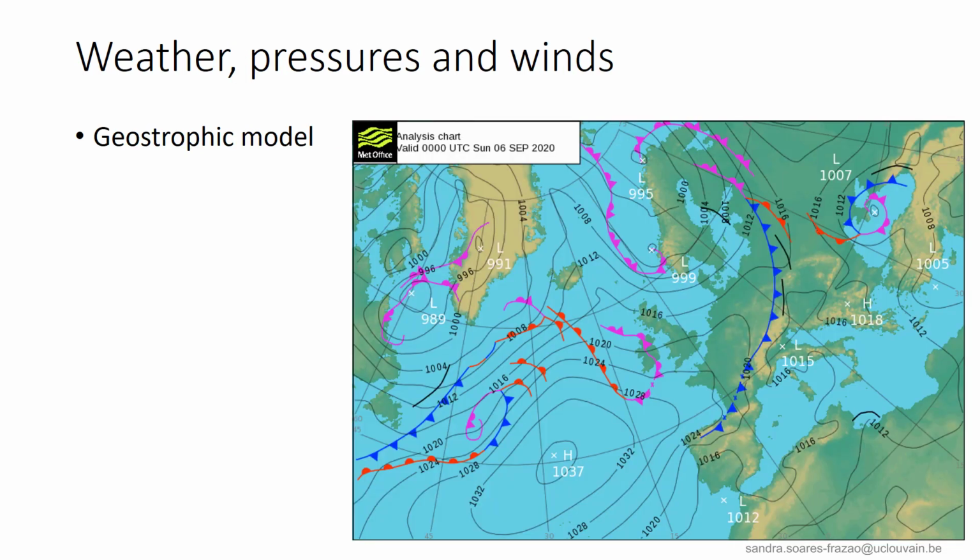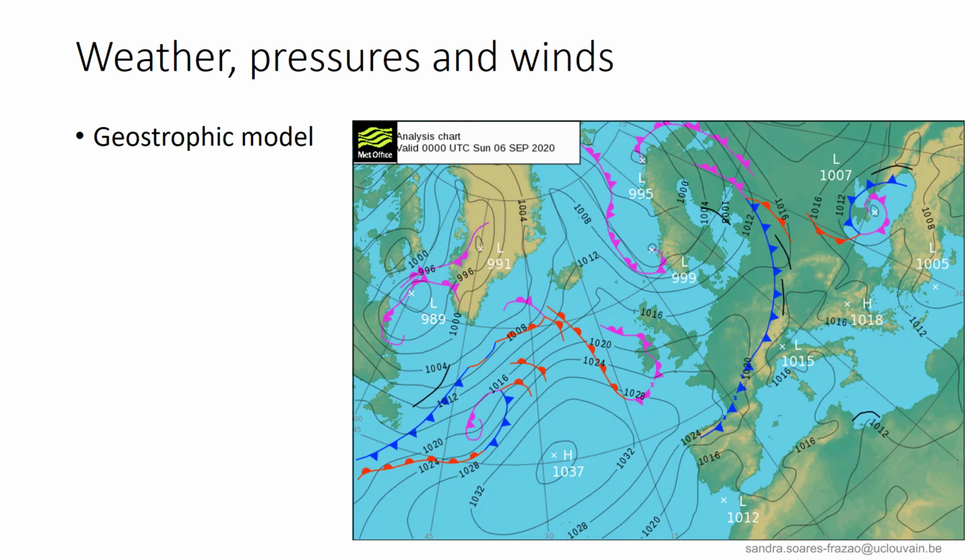So, we have seen that the pressure evolves with the altitude, but different pressures are also observed on Earth at different stations. Typical weather forecast maps indicate isobars, all these black lines, that are lines of equal pressure, and indicate also areas of high pressure here and low pressure, along with their central pressure value.